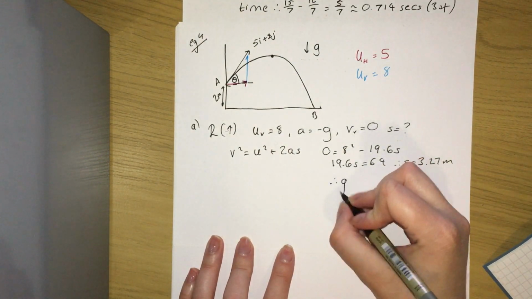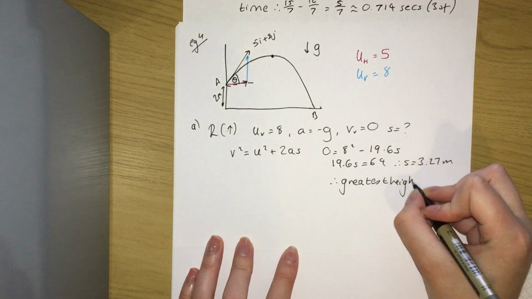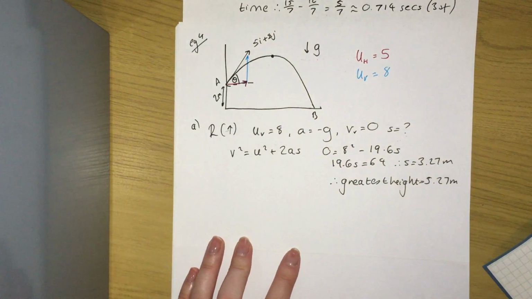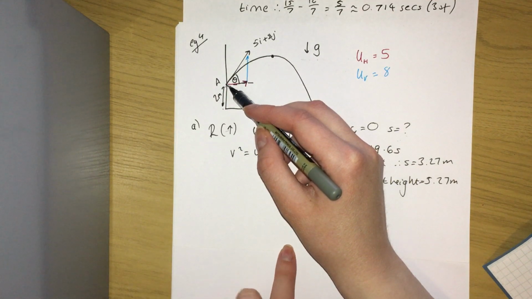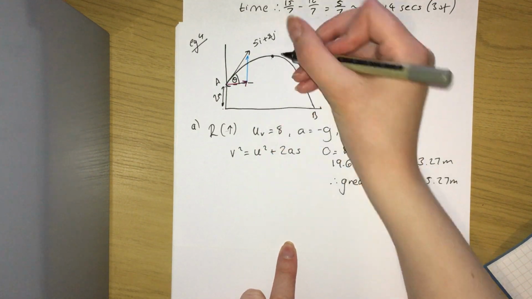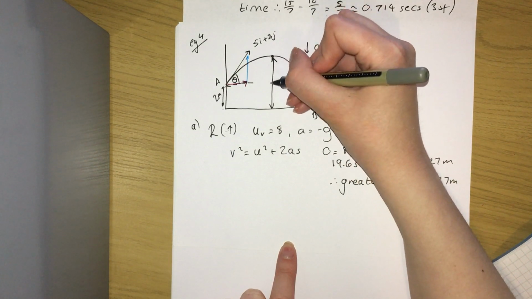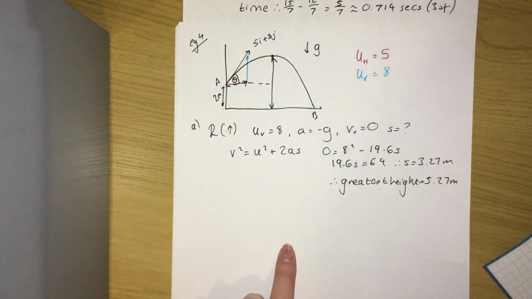But therefore, the greatest height is 5.27 metres, because the original point was 2 metres above the ground, and we want to know the whole of that height. What we have worked out is just that height. Okay, so just be careful when you're reading and approaching the question.